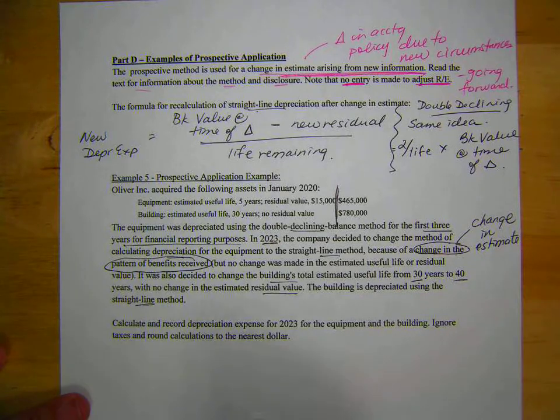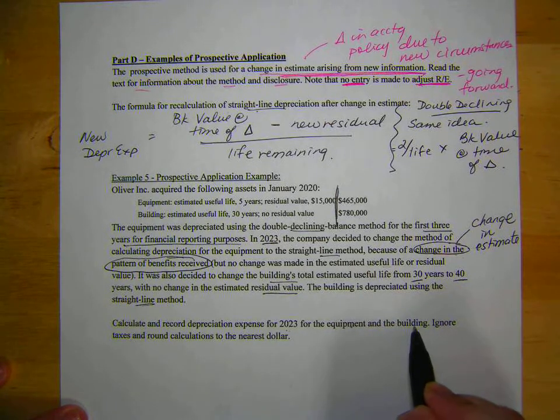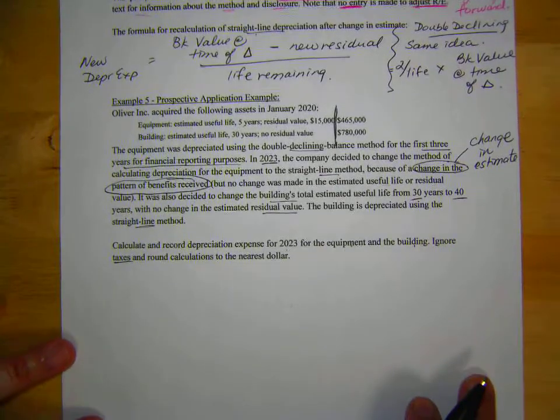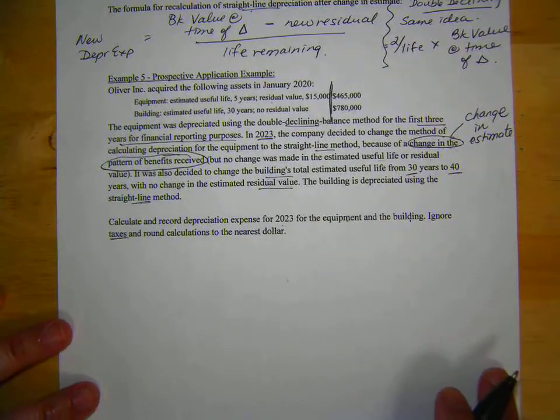The building is depreciated using straight line. So we want to calculate and record depreciation expense for 2023 for the equipment and the building. Ignore taxes because we're not worried about calculating DIT or FIT, and that's back in chapter 18. So prospective stuff, it's not as critical.